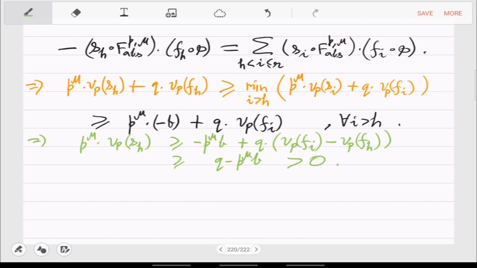So what this is saying is that SH has P as a 0. But SH, the only possible pole is this point P, and you are saying that this is a 0. So that's not possible. This means that actually SH is 0.